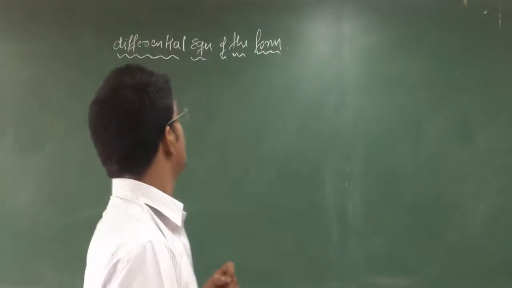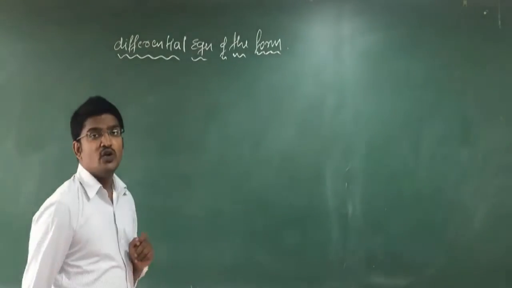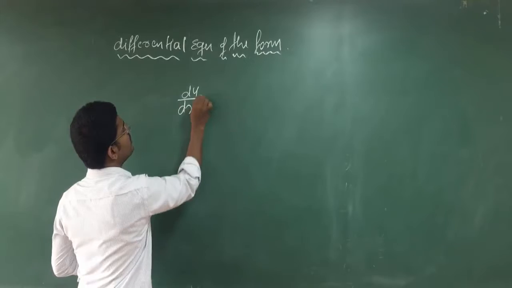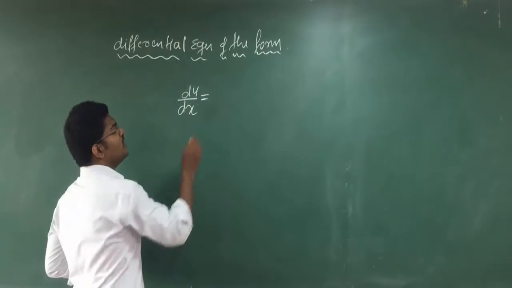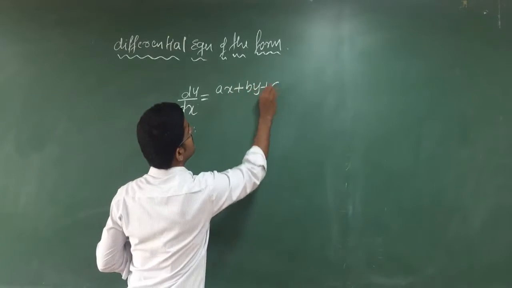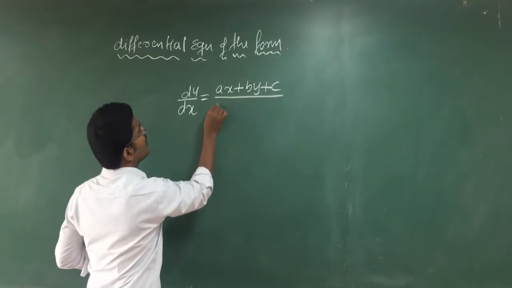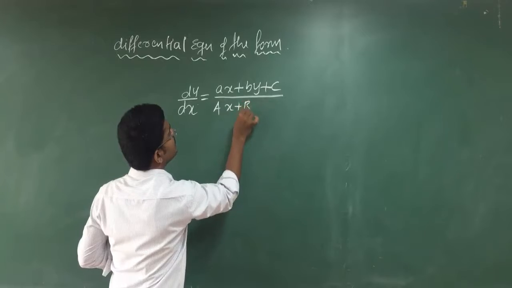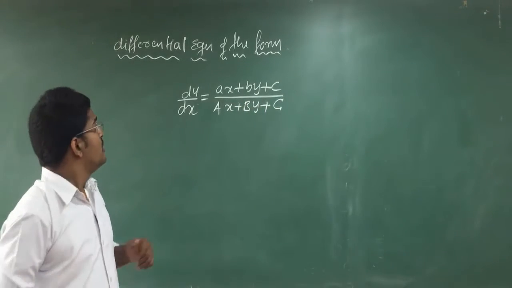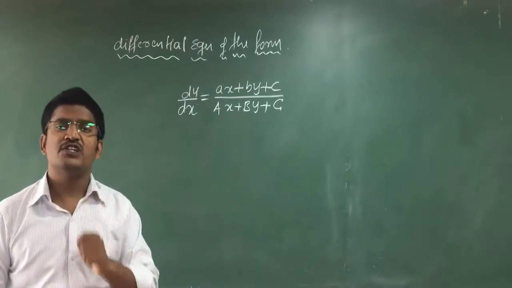Clear? Okay. So here the differential equation will be in the form of dy by dx equal to ax plus by plus c divided by capital AX plus capital BY plus capital C. Clear? This will be the form of the given differential equation.